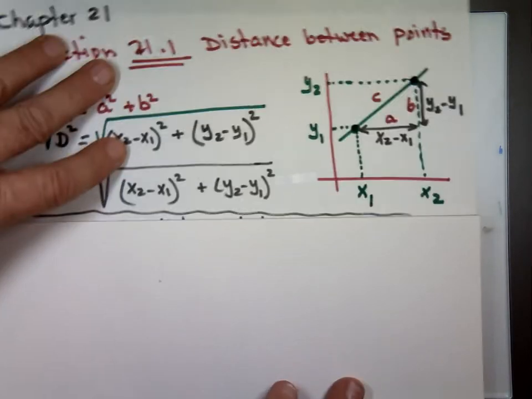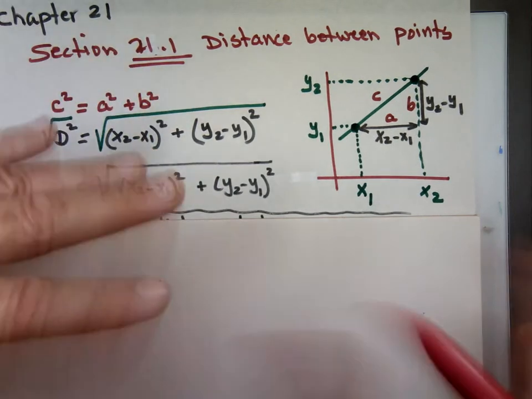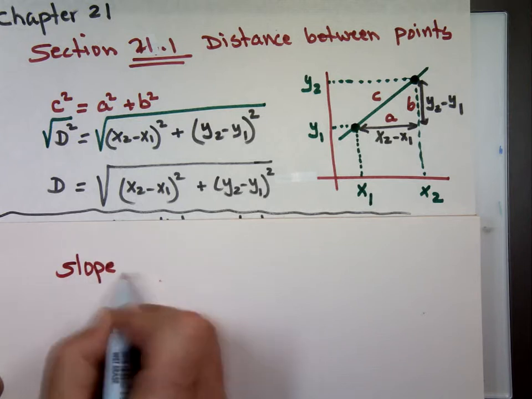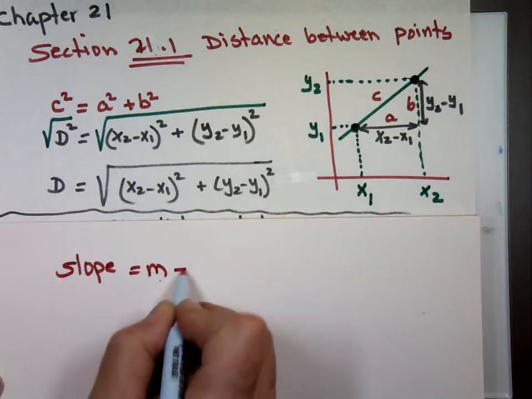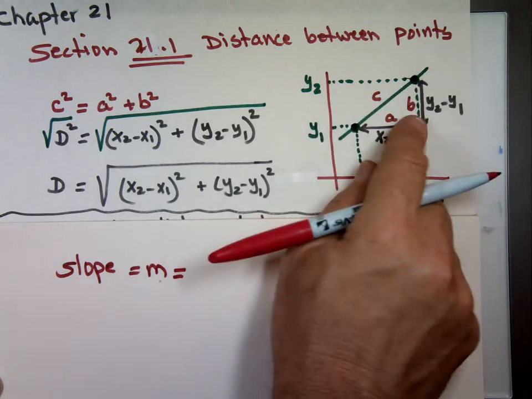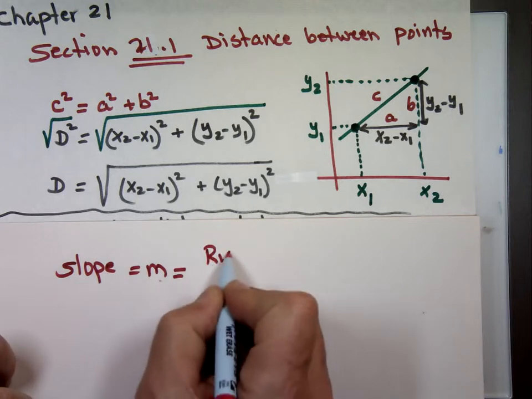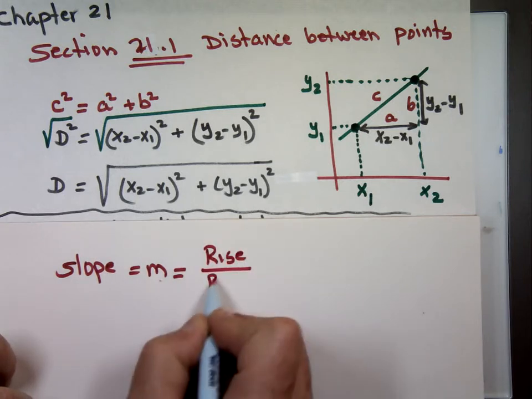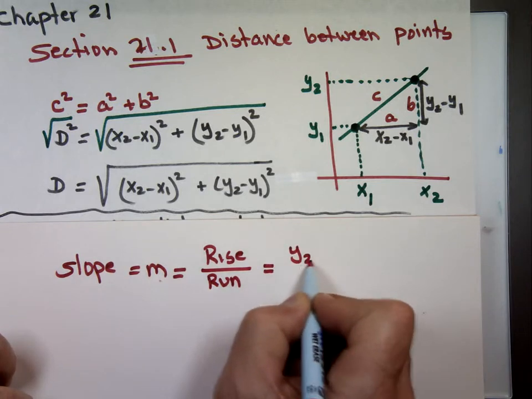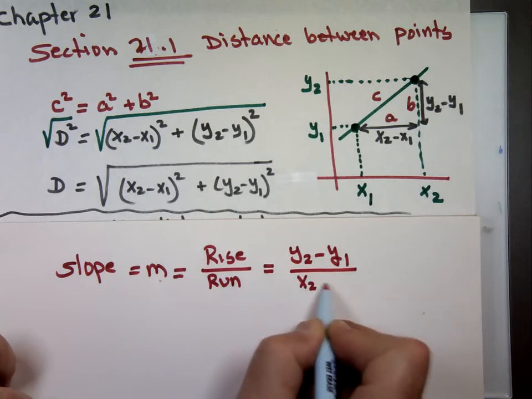So the next topic, don't get excited, the first 2 sections are like review, then it gets new stuff, is the slope, for which we use the letter M. If we use the same line here, the same picture here, the slope is what? The rise over the run. So that's what? Y sub 2 minus y sub 1 over x sub 2 minus x sub 1.